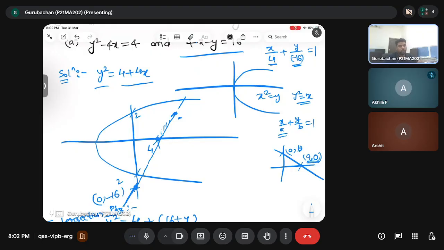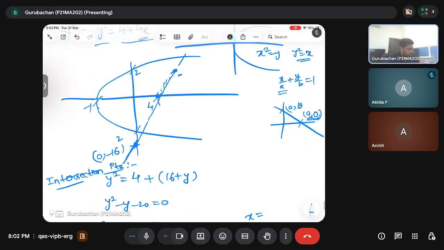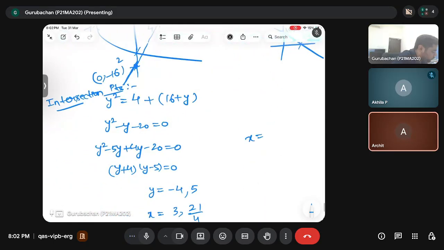Any doubt? When x is 0, what is the value of y? Sir, plus or minus 2. And when y is 0, x can be only minus 1. Okay, so I think now this will be the correct points.